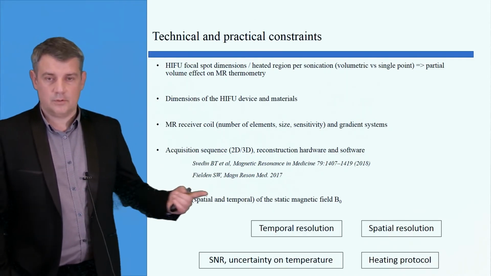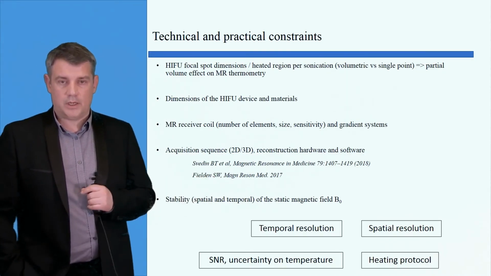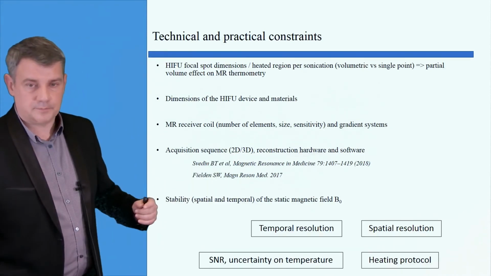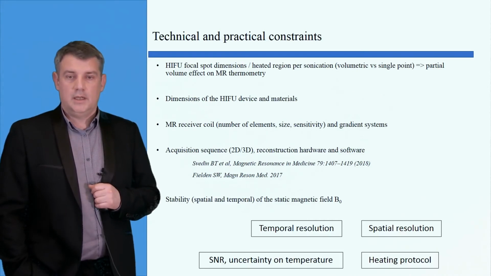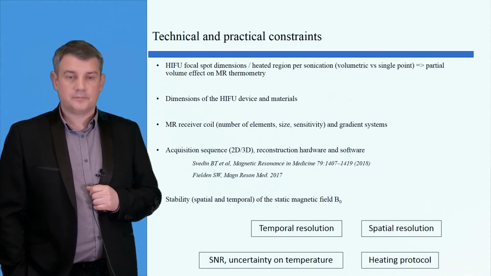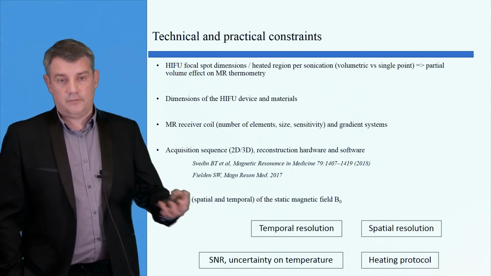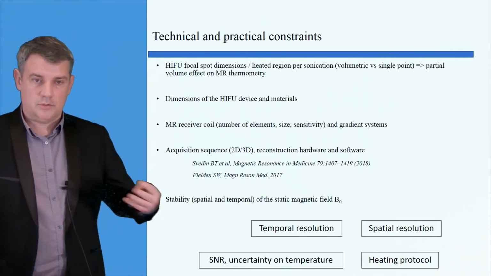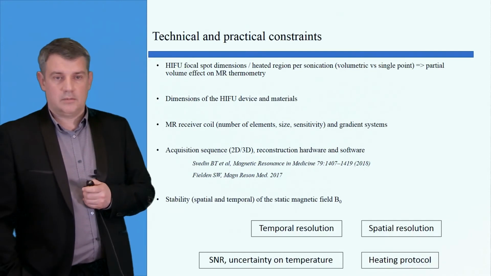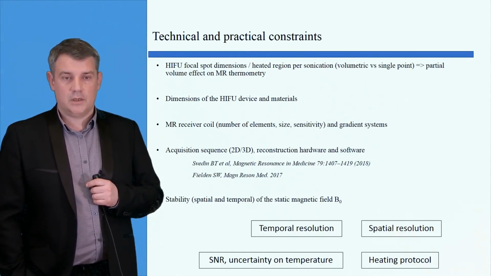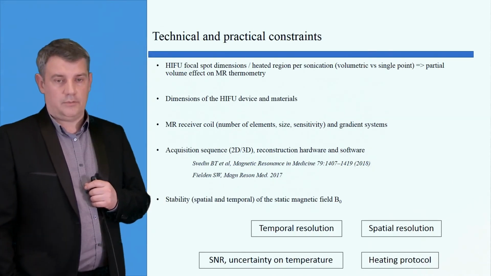So you can, for example, look at these two publications where you have examples of 3D MR-thermometry in the brain. The other point is the stability in space and time of your static magnetic field B0, because if it varies during the acquisition because you are making dynamic images, then you may have difficulties in being able to have a reliable MR-thermometry.